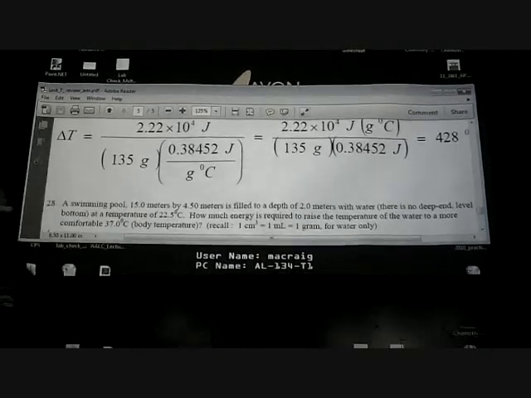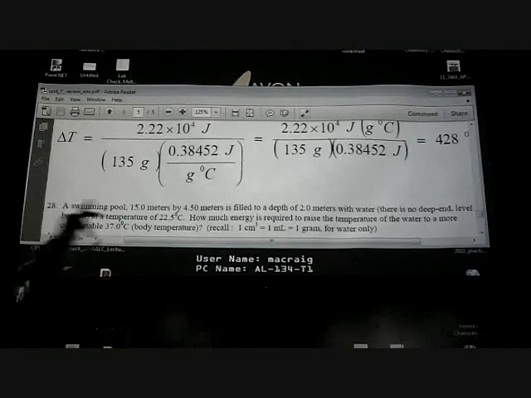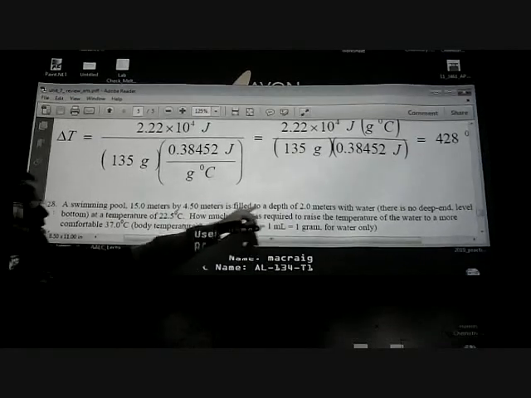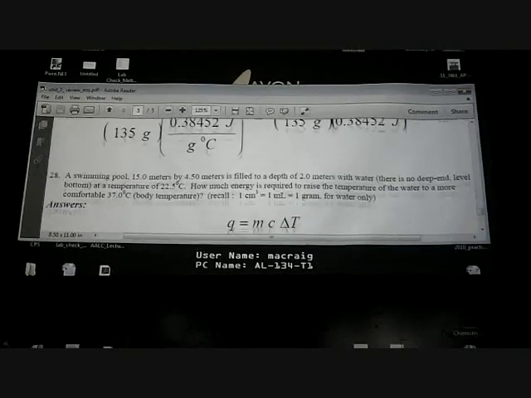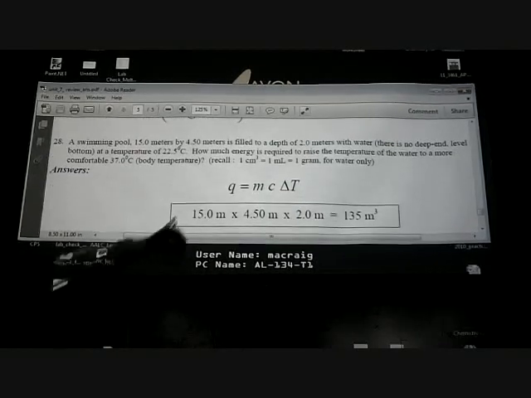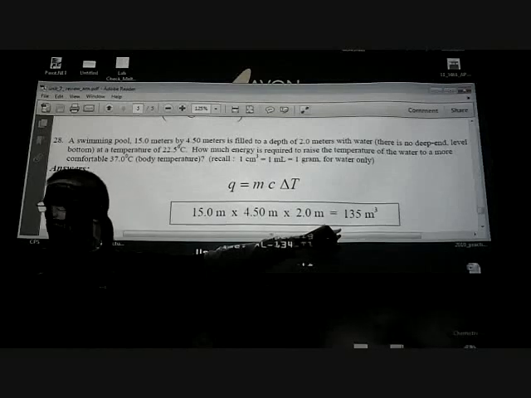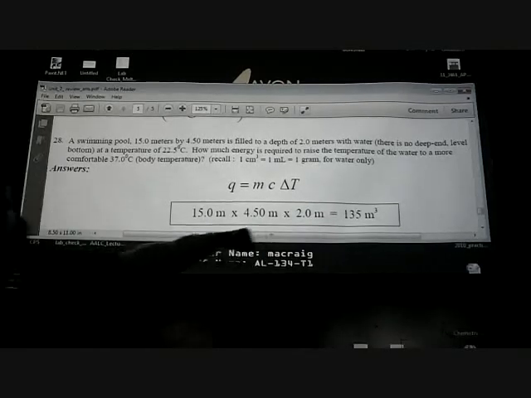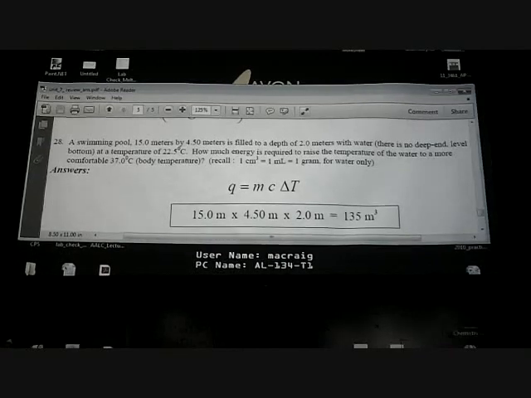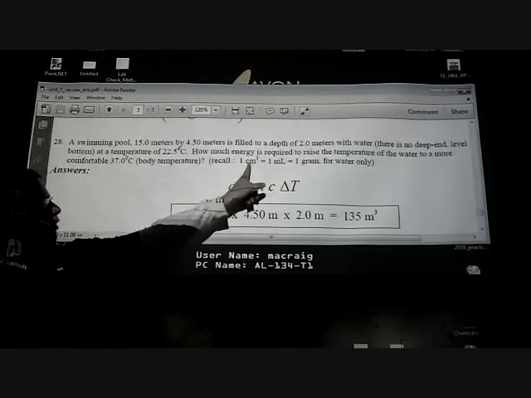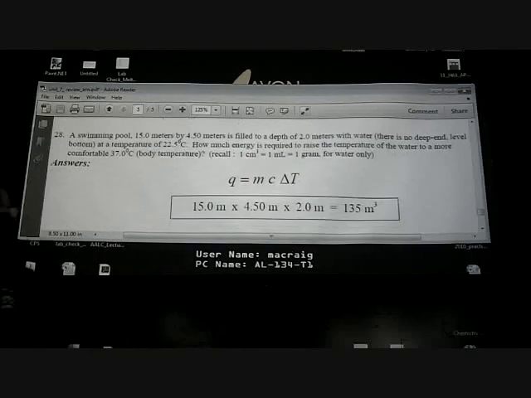So we can find the mass of this by doing what? Multiplying the meters together so we get a volume of water. We'll find that we have 135 meters cubed. What do you do with that? Convert the meters cubed to either centimeters cubed or milliliters. I don't care which.